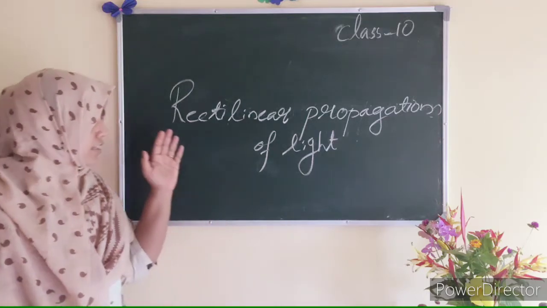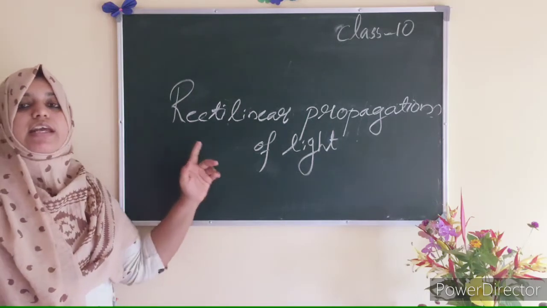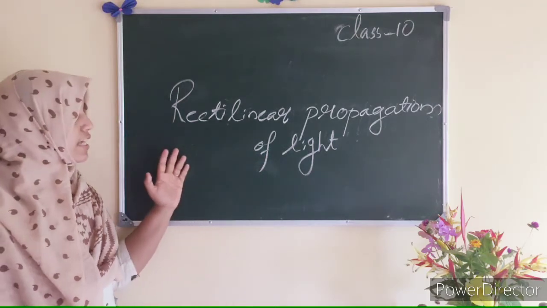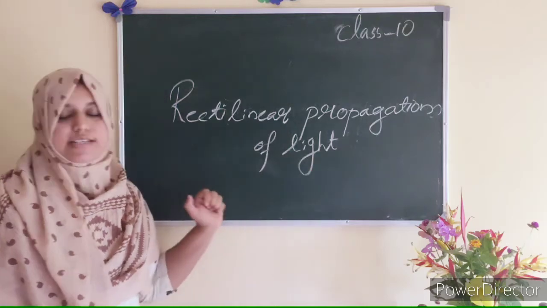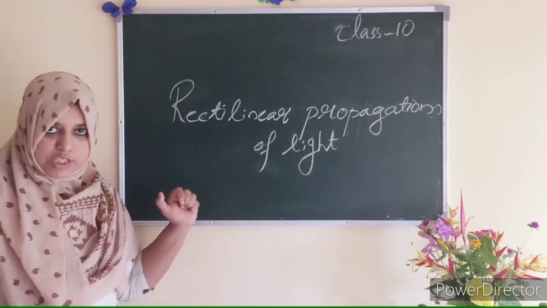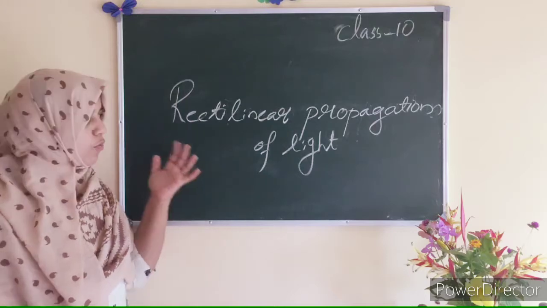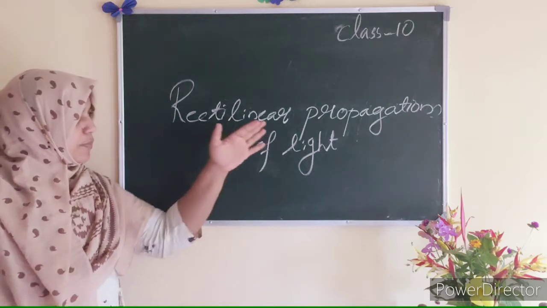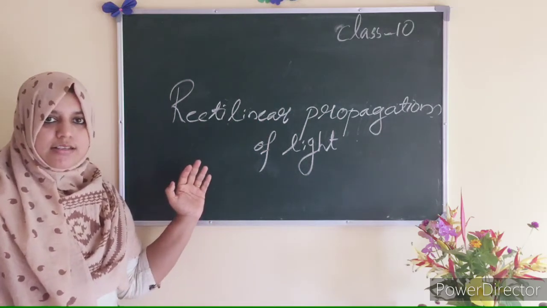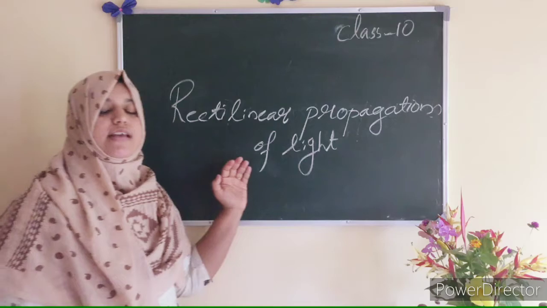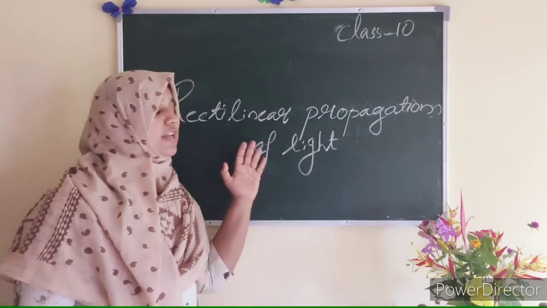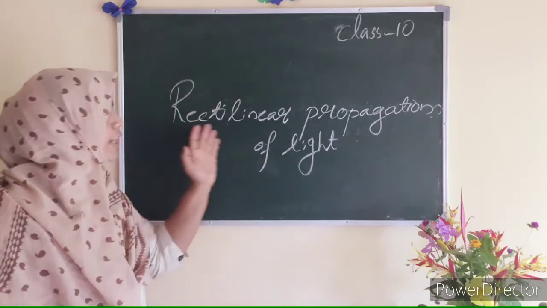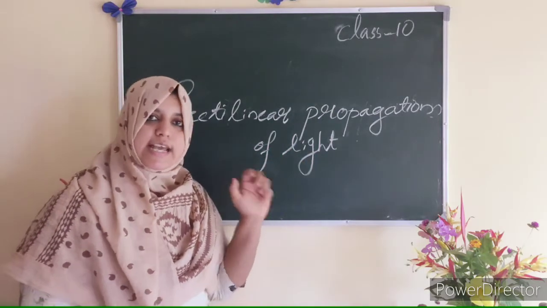Light always travelling in a straight line is known as rectilinear propagation of light. This is a very important property of light, children.